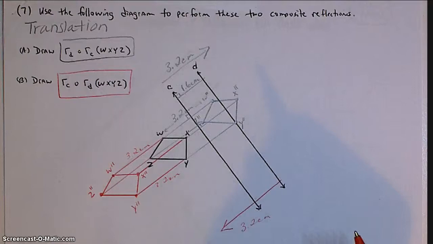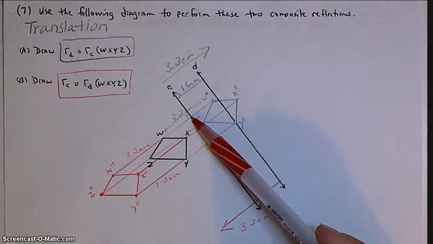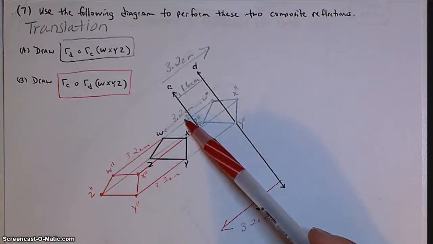And that's how you do a translation, by measuring the distance between the parallel lines, doubling it, and then making sure that you're measuring at a 90-degree angle to the lines of reflection.